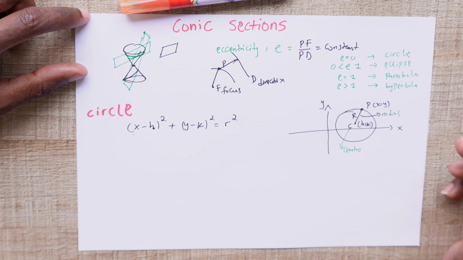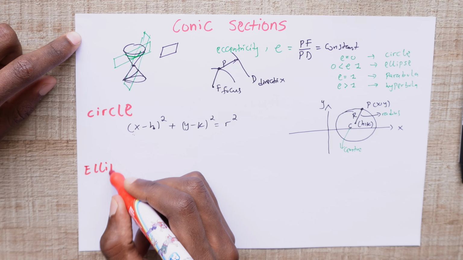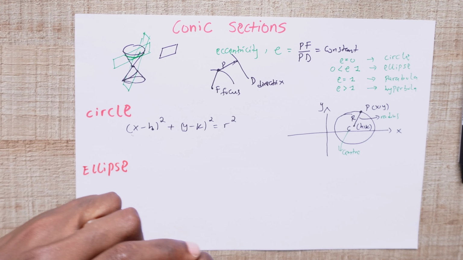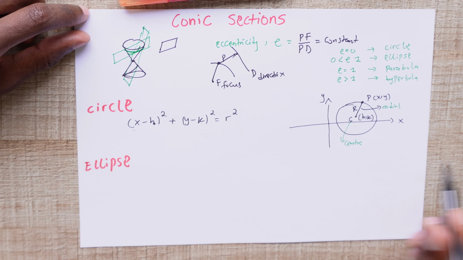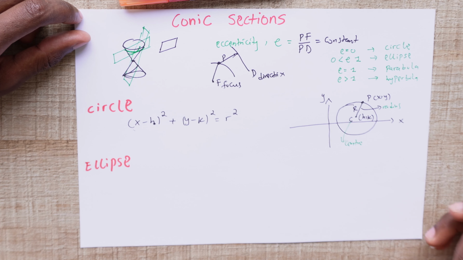The second conic here, which is the ellipse, so an ellipse which has an eccentricity between 0 and 1 is defined as the locus of a set of points which move in such a way that the sum of the distances from the two foci, as we're going to see, is a constant.